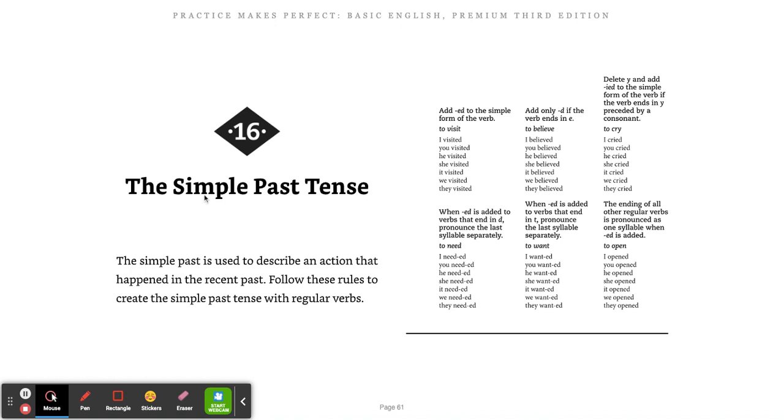To create the simple past tense, we would simply add ed and pronounce it: I opened, you opened, he opened, she opened, it, we, they opened. Be sure to practice saying these aloud. For practice, it's always good to repeat.